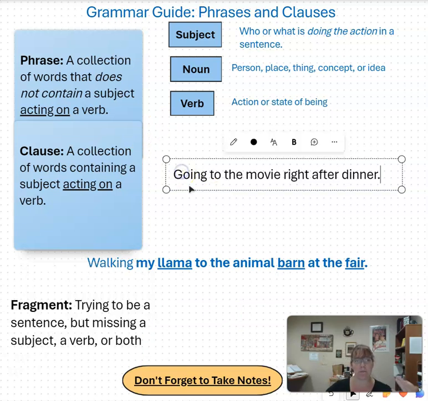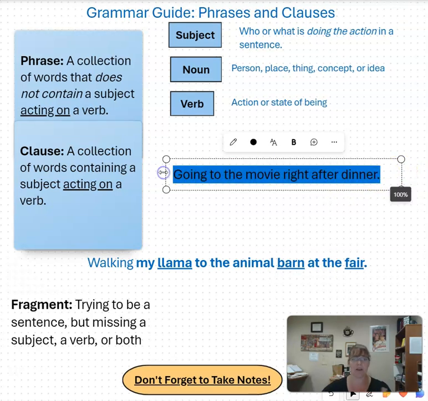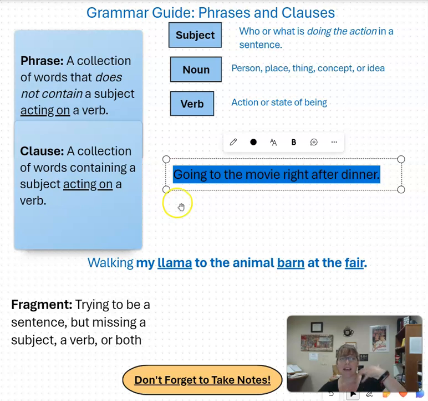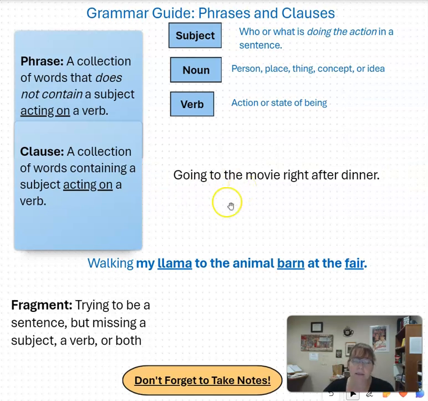In this case, we're missing both the subject, who or what, and the action, is going, that state of being, okay? And because we're missing that, we don't have any idea what you as the writer is trying to get across to us with this piece of information.